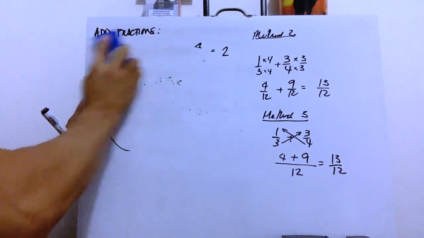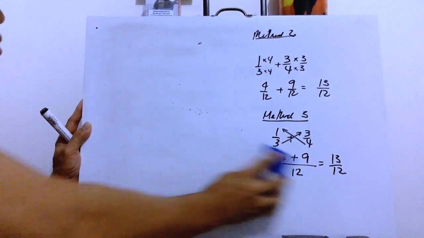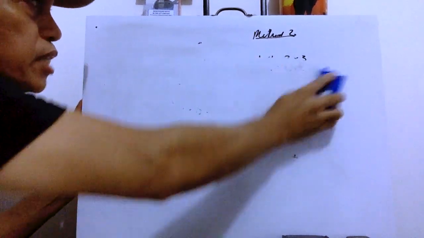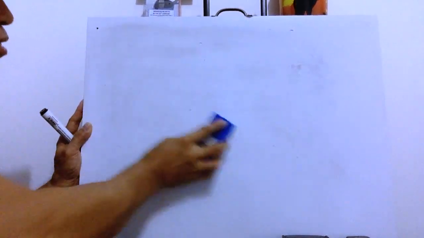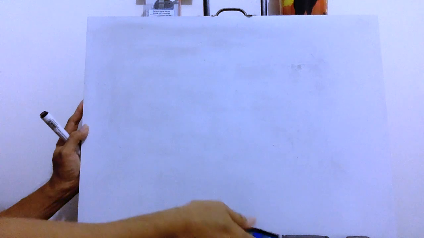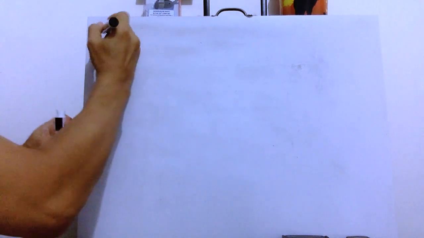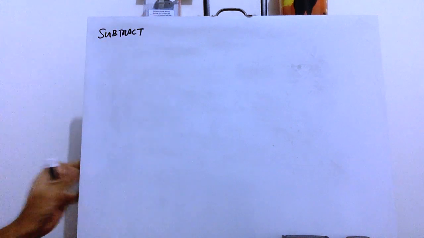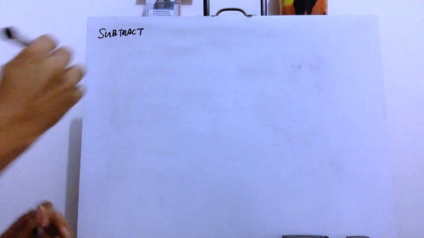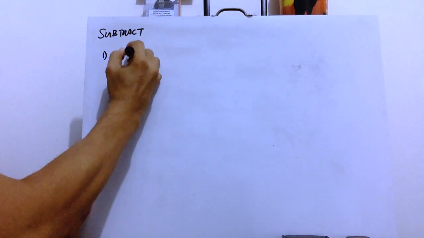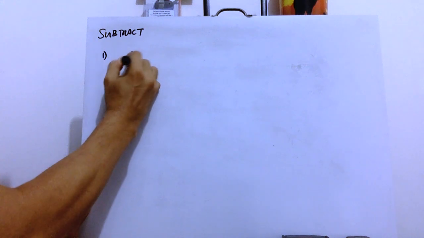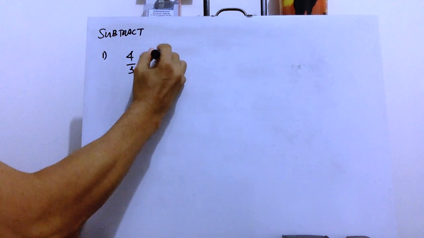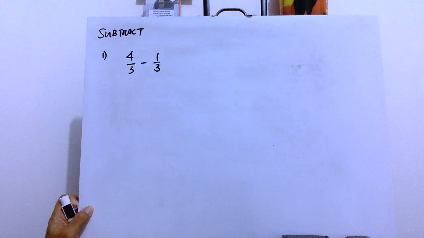Next, how do we subtract fractions? Now, the same method applies, the one I discussed earlier, just make it minus. Simple as that. Again, we're going to subtract 4/3 minus 1/3.